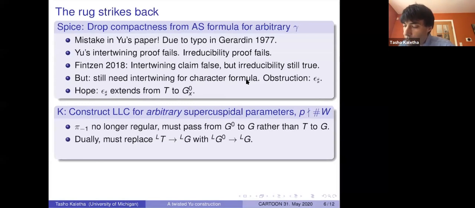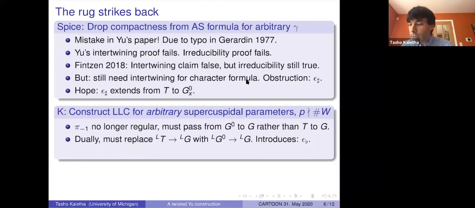This means that dually we're looking at functoriality not from the L-group of a torus, but from the L-group of G0. And that change in the functoriality introduces another sign character, and that sign character is this epsilon flat, the final one of the three that I introduced earlier.